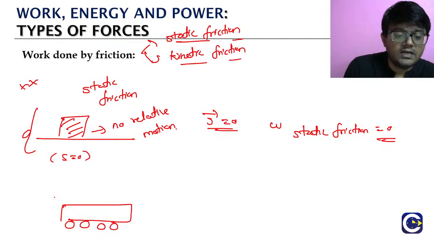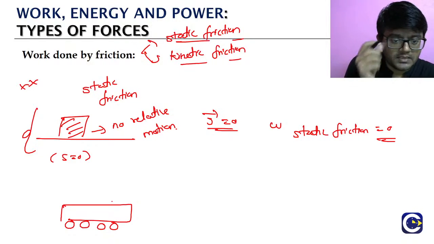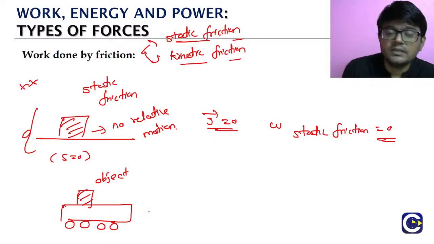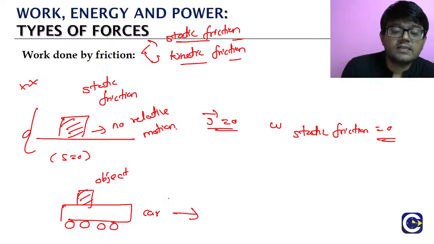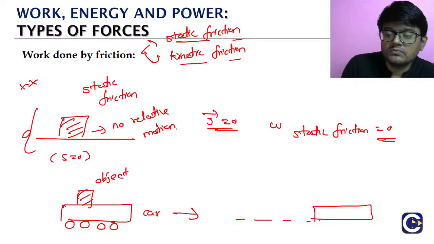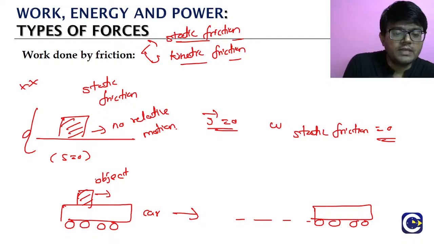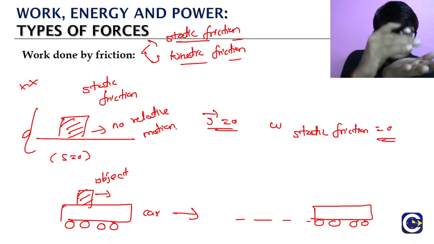If you take a car, in the example I have already discussed, on that car there is an object. The car is moving forward. The object is at rest with respect to the car.